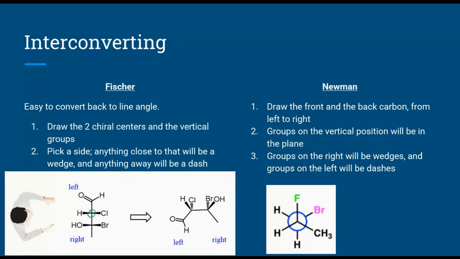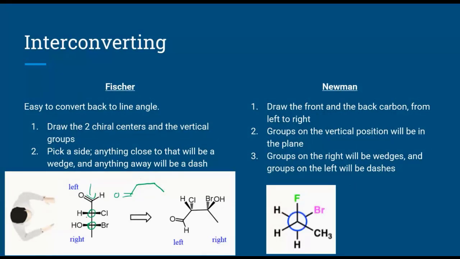In this case, we have this chiral center here and this chiral center here. So I would draw a bond like this, and then I would draw their vertical groups downward. So it's going to look something like that. Because if you remember, this position up here is a dash, like from above, technically. So it's going to be pointing downward in this upside down U shape, right?